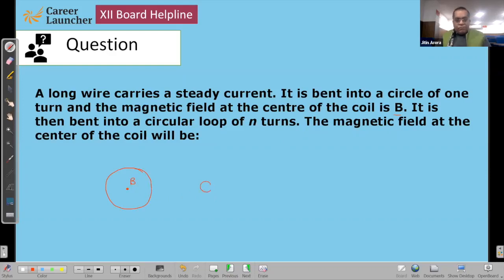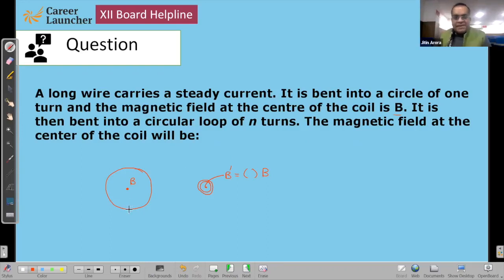So if you bend it into circular loops of small n turns, this is how the small n turns look like. What will be the magnetic field at the center now? So you have to find B dash in terms of B. So B dash has to be something into B. So that is what we're looking at. So thoda sa socho bachcho, give it a trial for a couple of minutes and then we'll do it.